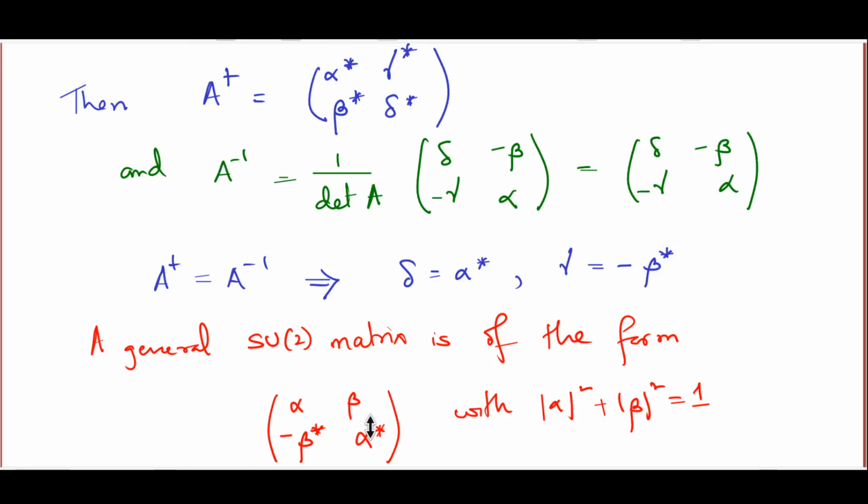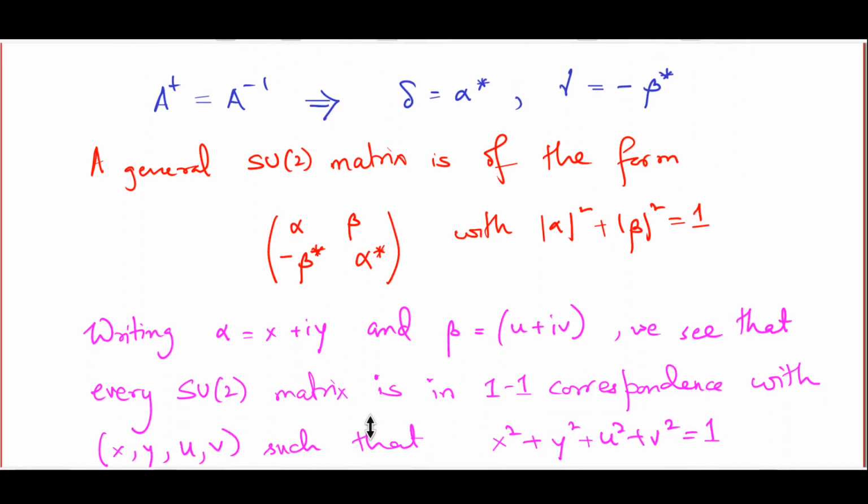That simply tells you that the mod square of alpha plus the mod square of beta equals 1. So a general SU2 matrix can be parameterized by two complex numbers alpha and beta as long as their magnitude squares add up to 1. There is no further restriction on it.